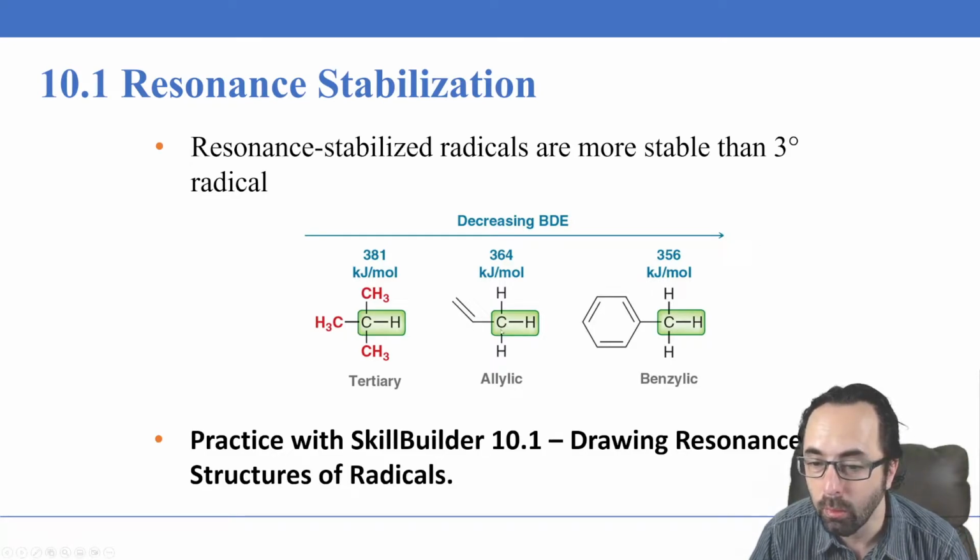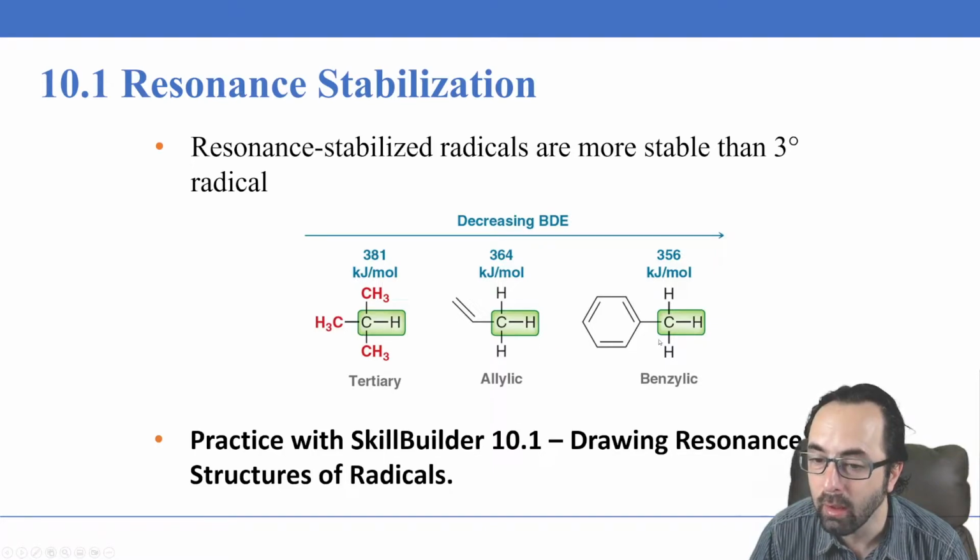And so we can see here for a tertiary radical that is produced, the bond dissociation energy associated with making that tertiary radical is 381 kilojoules per mole. To make the vinyl radical here, that's going to produce a much more stable radical, and so you can see that the energy required to produce it is significantly less.